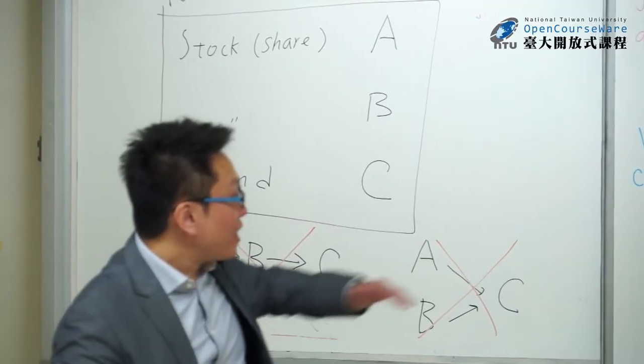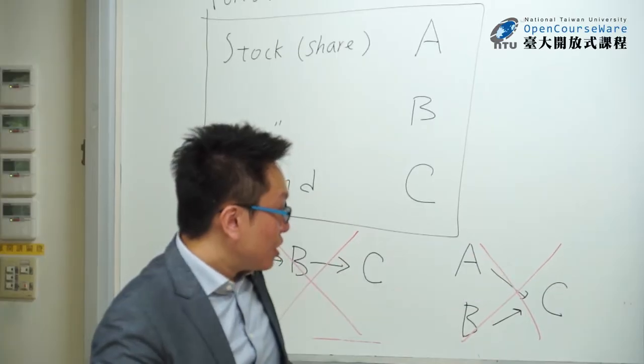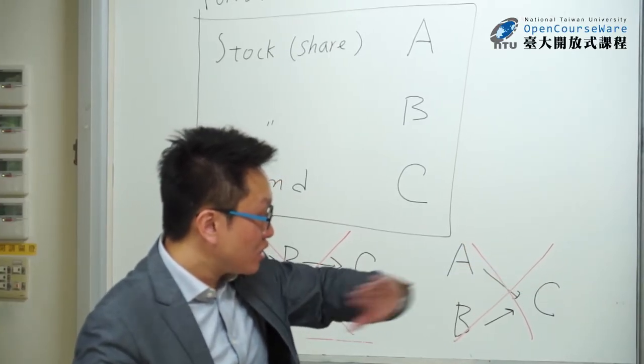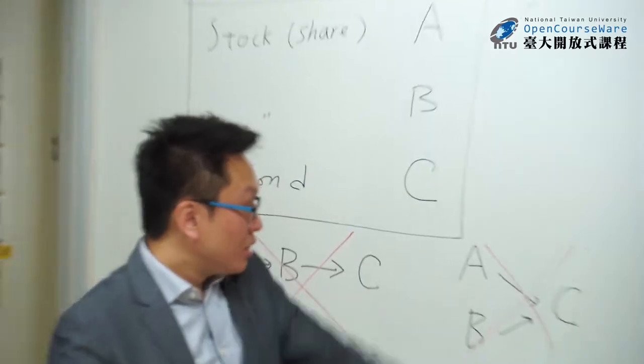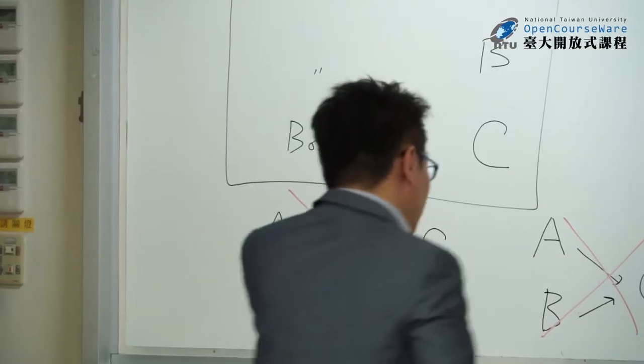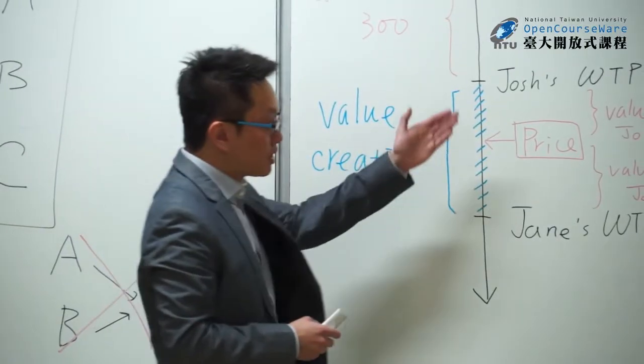Now Jen values her own house at $400. If Jen transfers ownership to Josh, she has no house at all, and then her utility will go to 0.